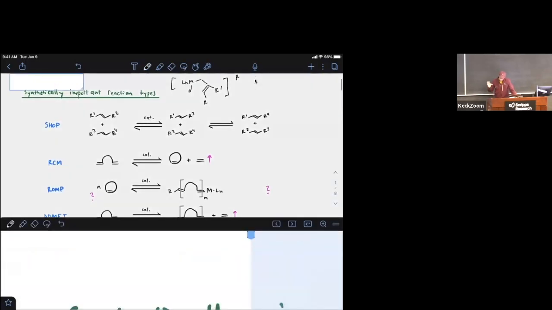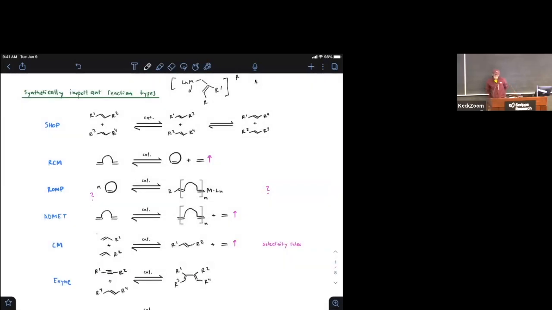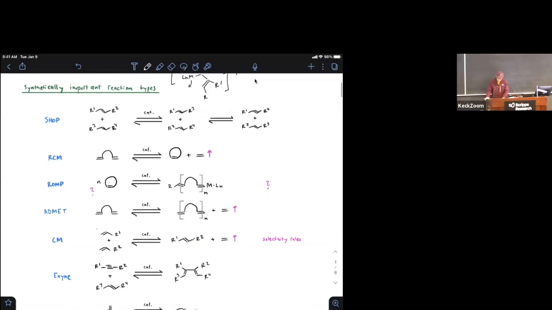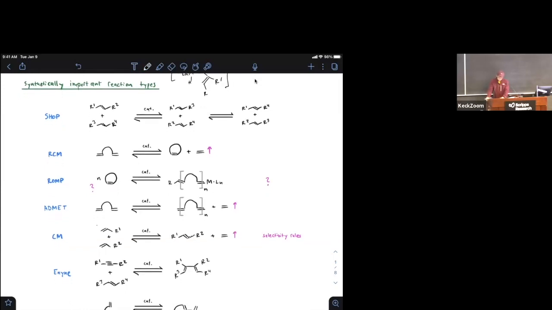Let's discuss now some synthetically important reaction types, and then we'll unpack some of the mechanistic details of these transformations. One class is called SHOP, the Shell higher olefin process.